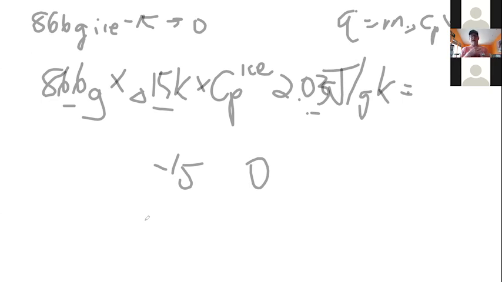But then when I subtract them, I get exactly the same answer. So the difference between minus 15 and 0 is exactly the same as if I add 273.15 to each one of them and subtract them. I get the same answer. So yes, if you want to be absolutely sure, you can convert it to Kelvin, but you don't really have to because you're just subtracting them.